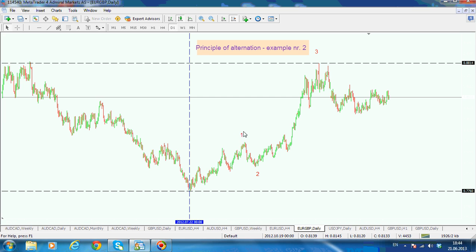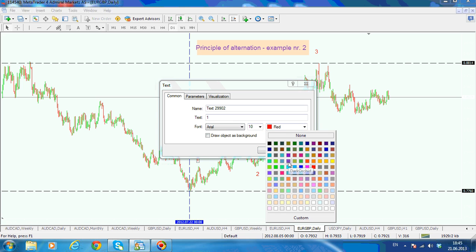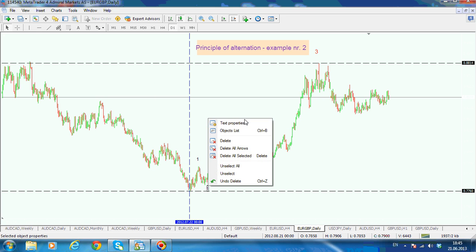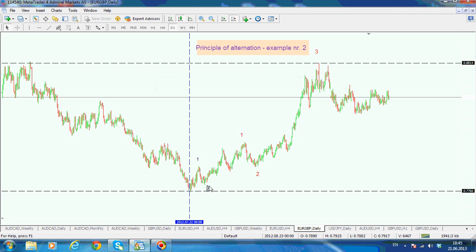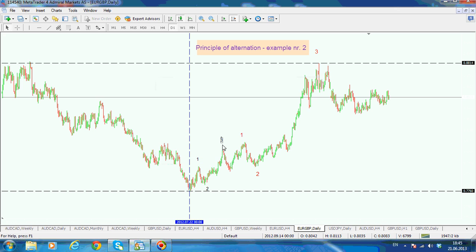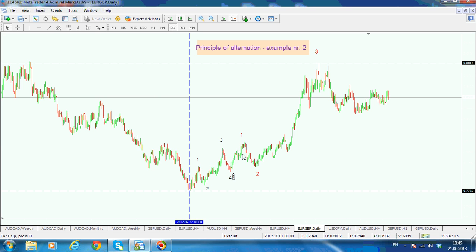Normally this would be a nice leading diagonal. We covered the leading diagonals already, so if you don't know what a leading diagonal is, go to the chapter dealing with leading diagonals and you will have a nice review of the pattern. So the first, the second, the third, the fourth, and the fifth.